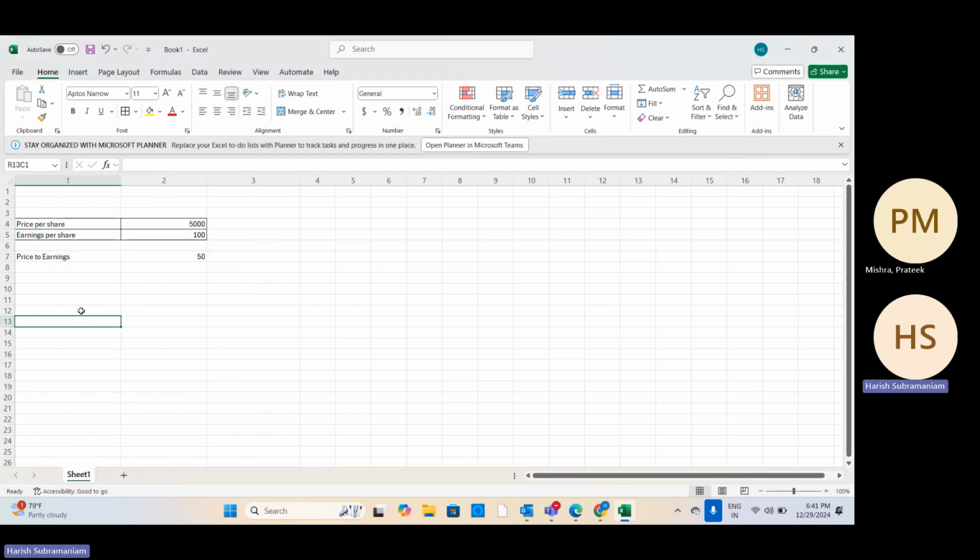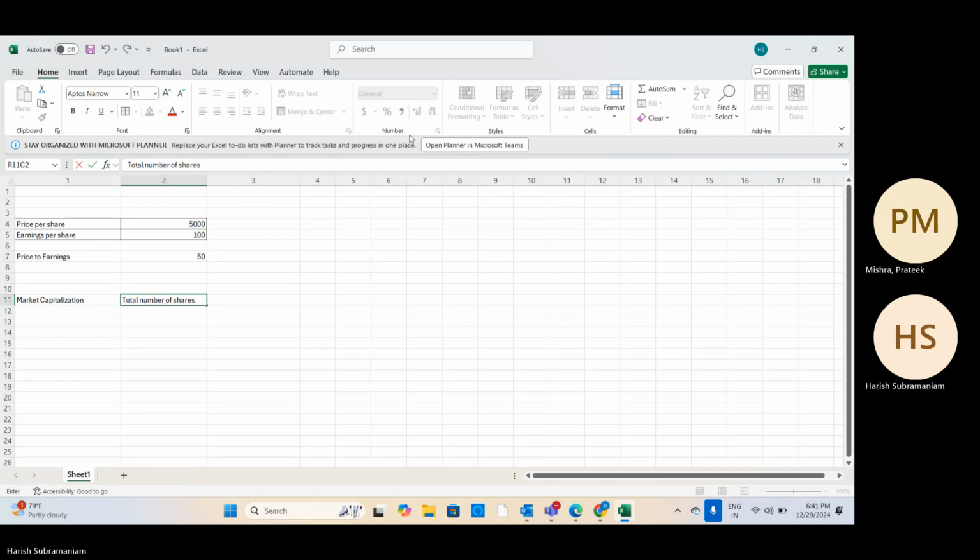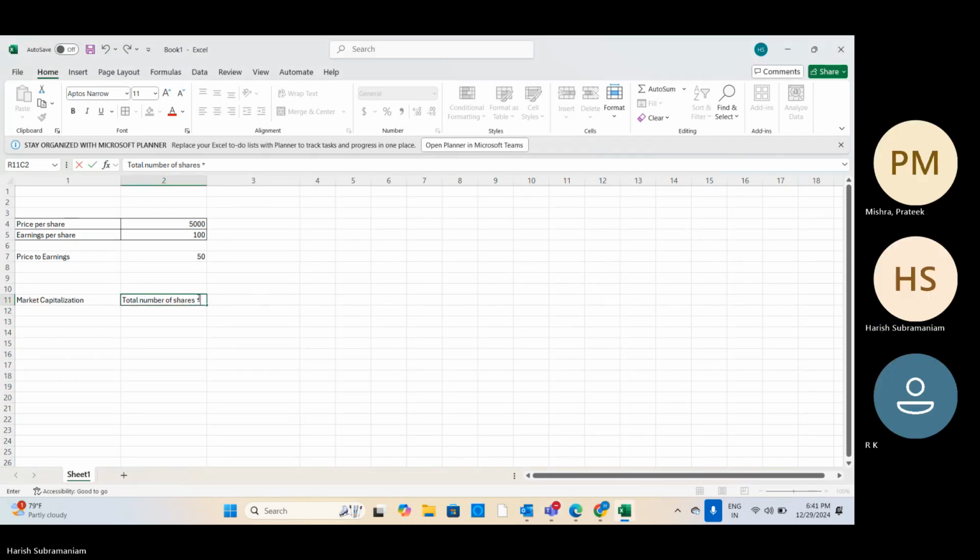Now there is another way to look at it. There is something called market capitalization. Market capitalization is nothing but total number of shares into price per share. And then total earnings.